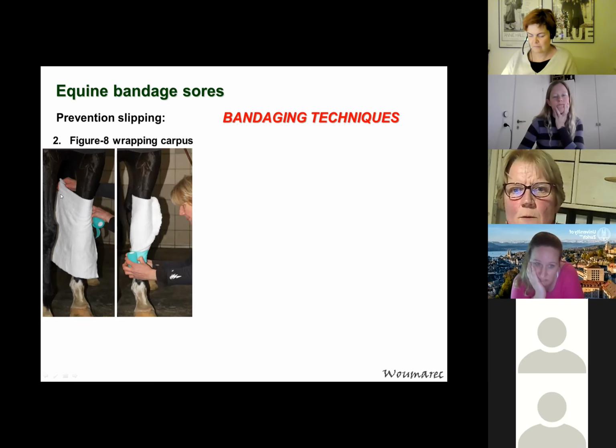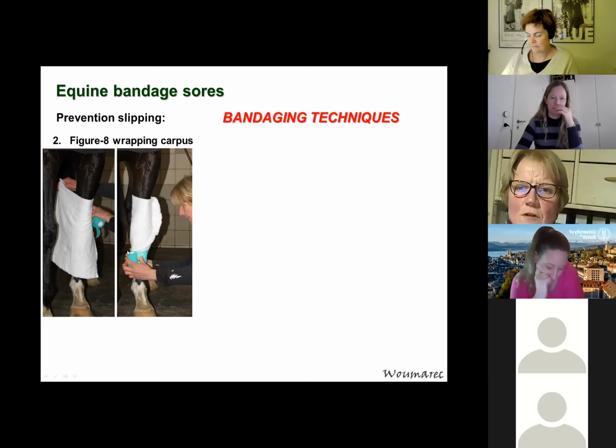What I do is following: a piece of gamgee is folded around the carpus, and you can see that it's an effort and a challenge to apply a good bandage. If you look at my face, I saw that on the pictures later on, I have the tongue between my teeth. And you start wrapping the elastic bandage circular on the distal side of the bandage.